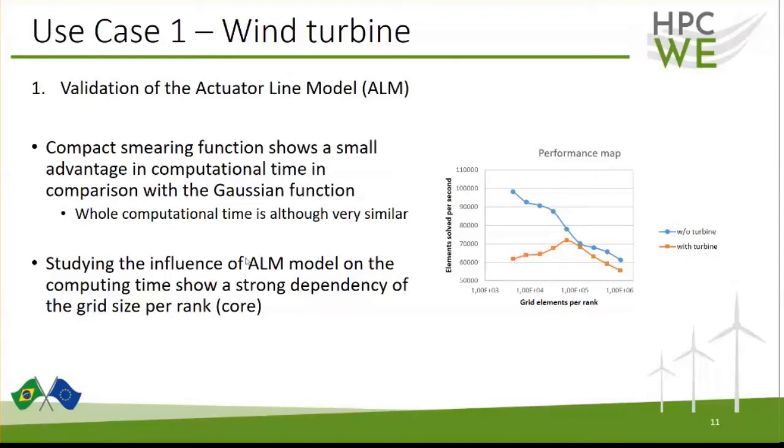That's expected because the actuator line model is not parallelized in the sense that I cannot distribute the work of calculating CL and CN over more processors, but it's an indication of where we should concentrate our efforts in the future.